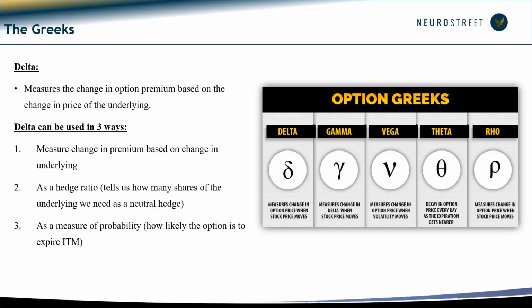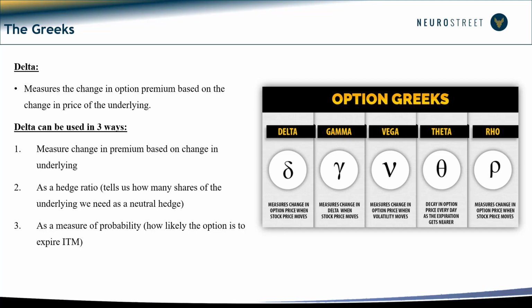It can measure a change in premium based on change in the asset. It can be used as a hedge ratio. It tells us how many shares of the underlying we need as a neutral hedge, and as a measure of probability, how likely the option is to expire in the money. Okay, so that's three things that delta can be used for to assist in understanding the option chain. The big one here is going to be measuring a change in premium based off the change in the underlying.